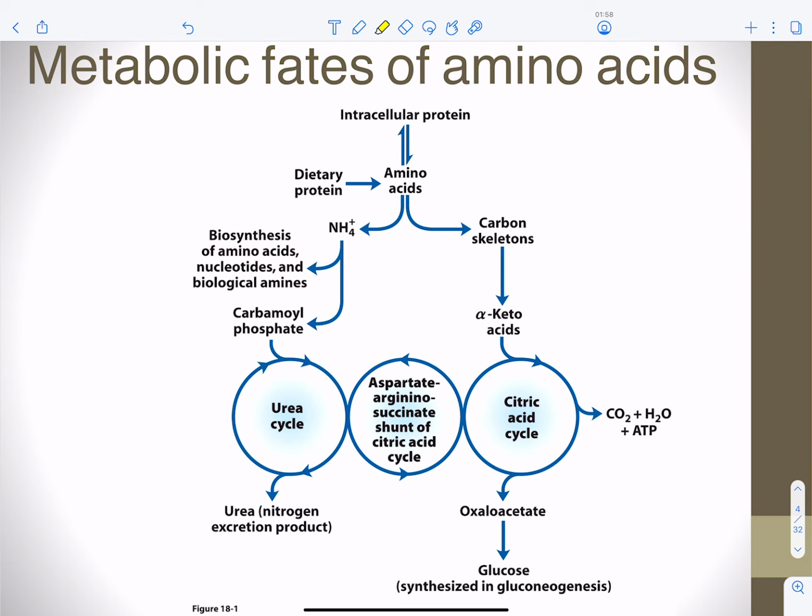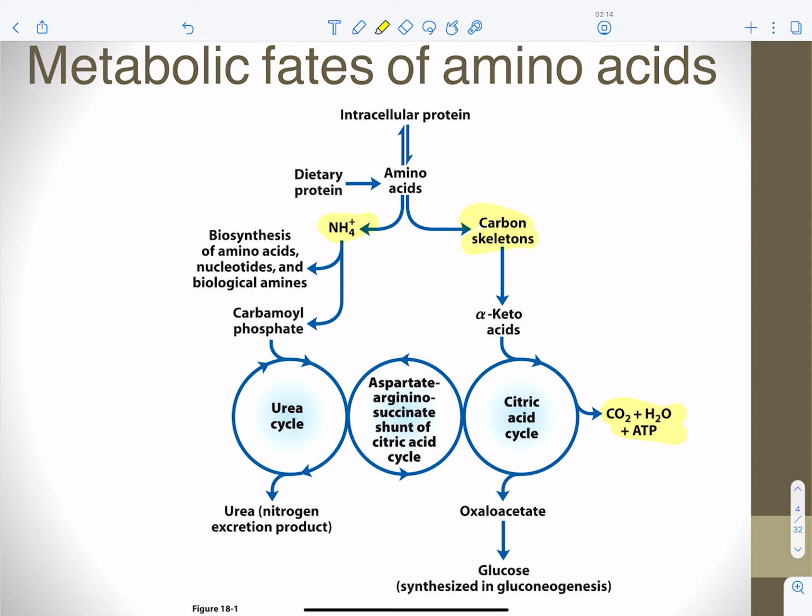So what are the fates of amino acids? You kind of know these fates. We can generate energy from the carbon skeletons. We also have free nitrogen, and this can go into the urea cycle.